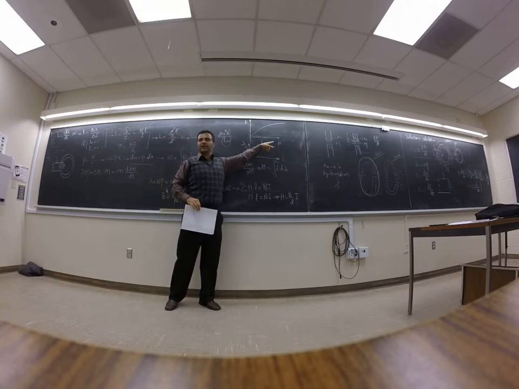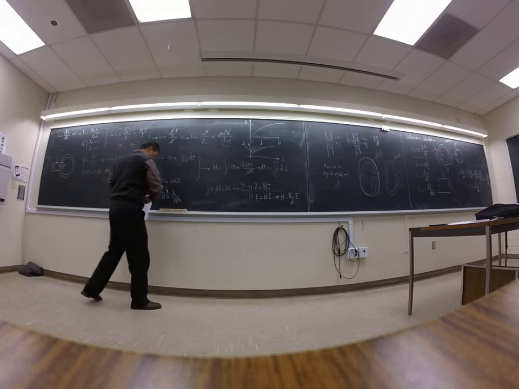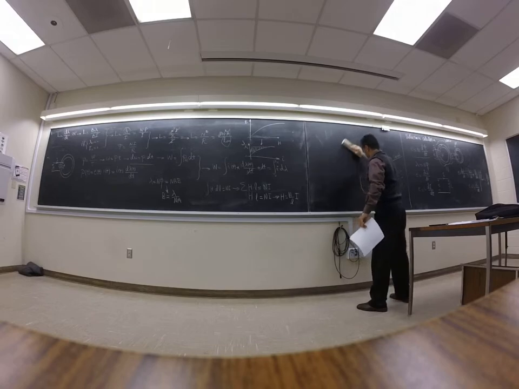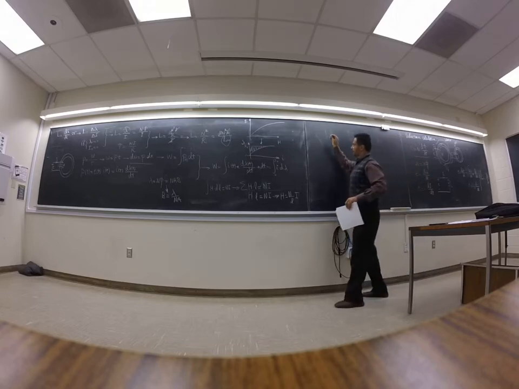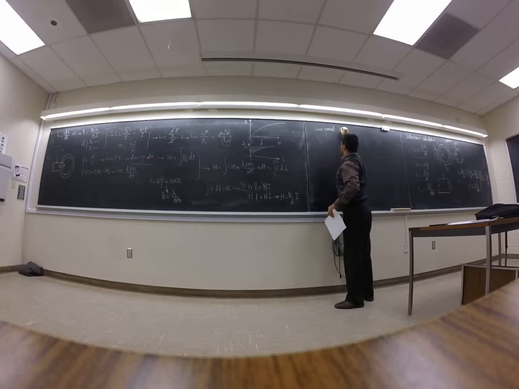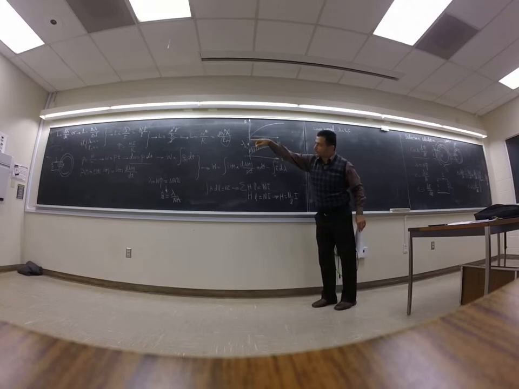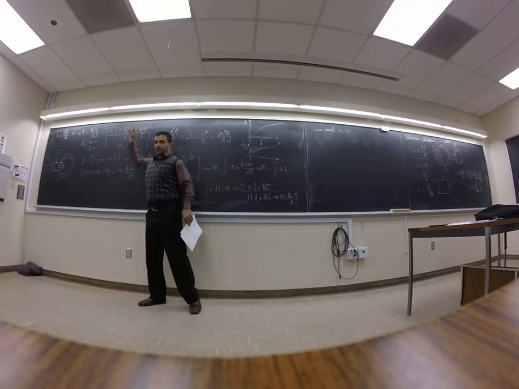If the material is linear, this one I put here is not linear. If the material is linear, what is the relation between L and I? If it's linear material, lambda is equal to Li, right? Lambda is equal to N phi.